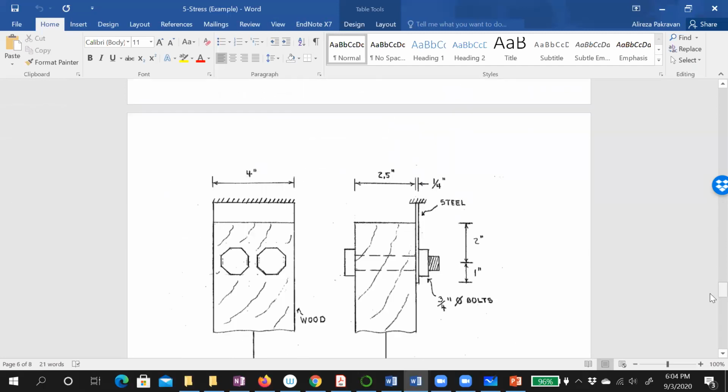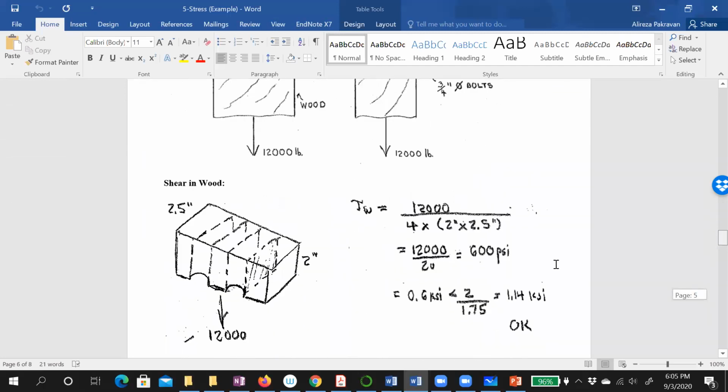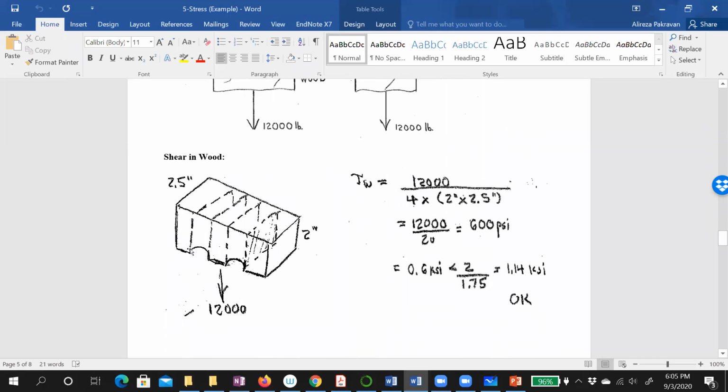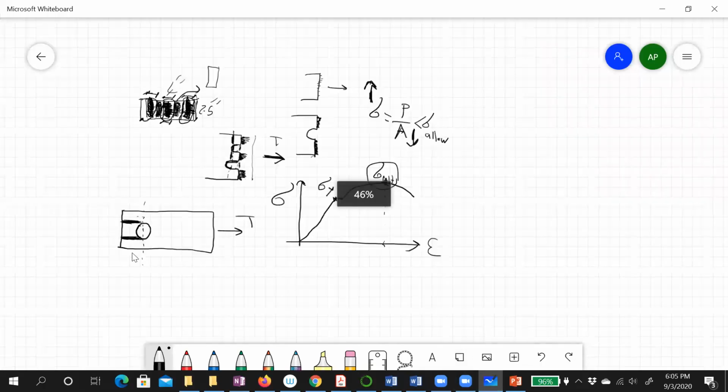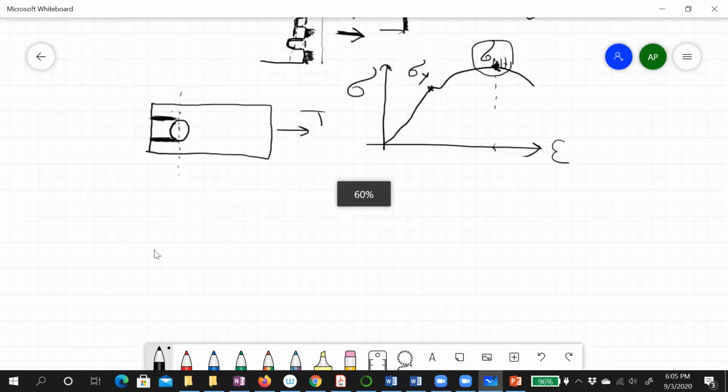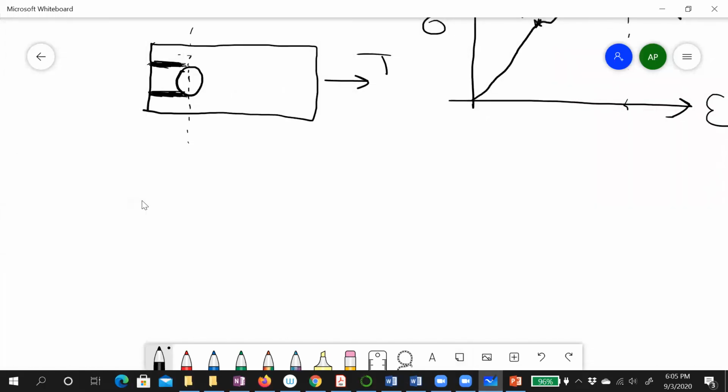But for the shear, we have 4 planes of shear, right? Let's see, for example, let me write it in 2 dimensions. Maybe it makes more sense if we model this problem as 2D with 2 bolts, right?